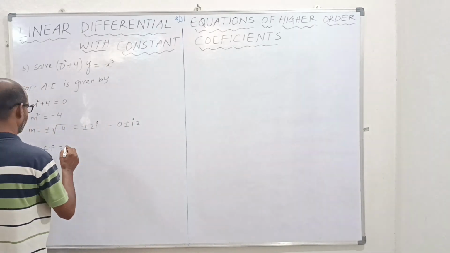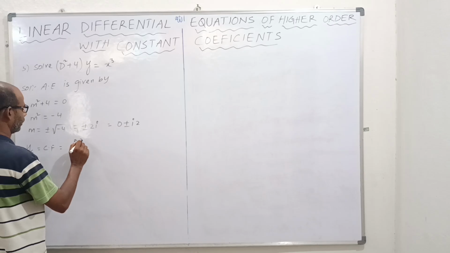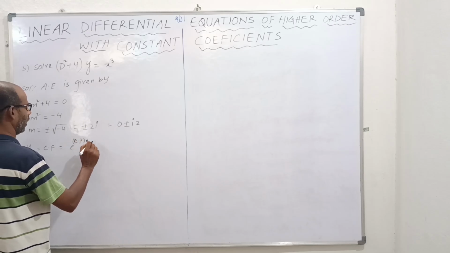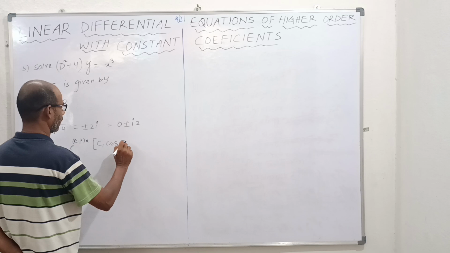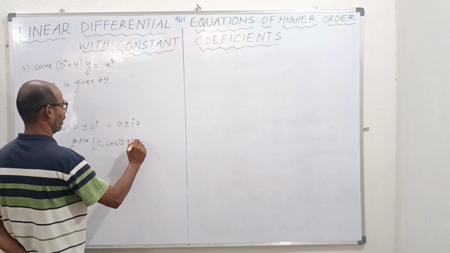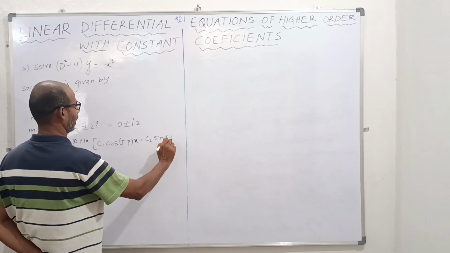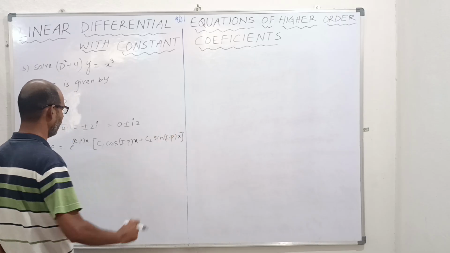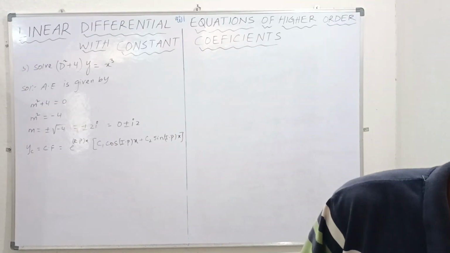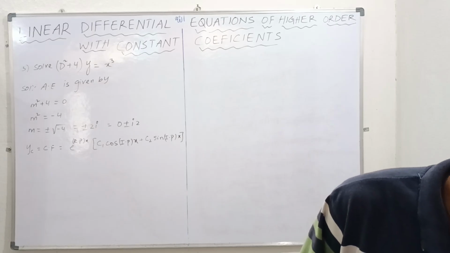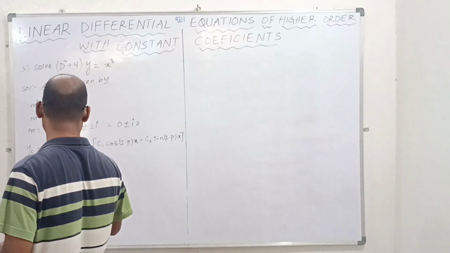So what is the formula? yc is equals to e power real part into x, into c1 cos imaginary part into x plus c2 sine imaginary part into x. That is the formula for writing the complementary function when the roots are imaginary.